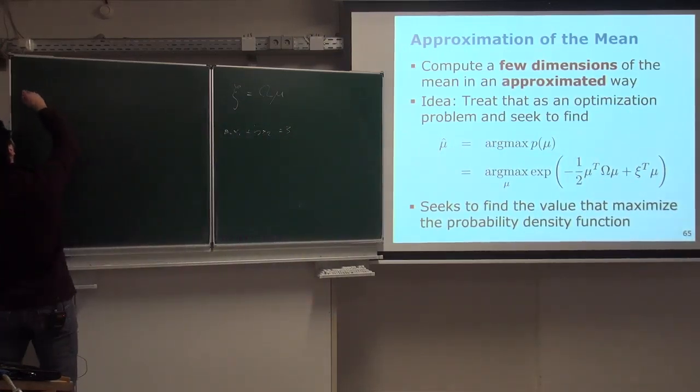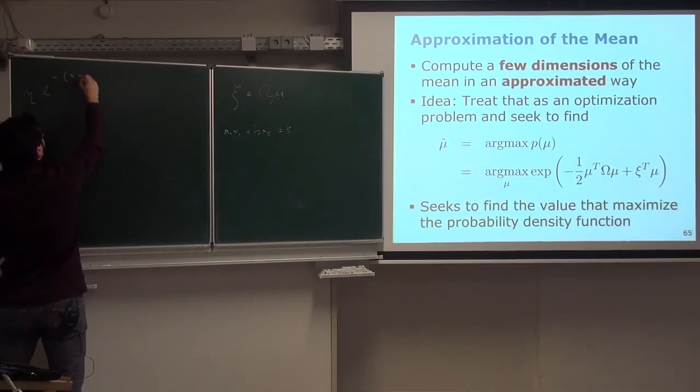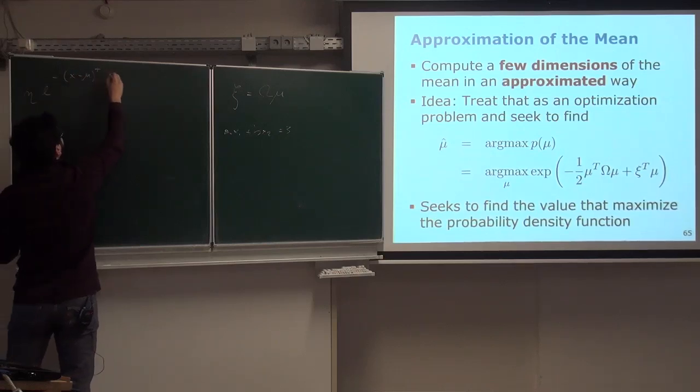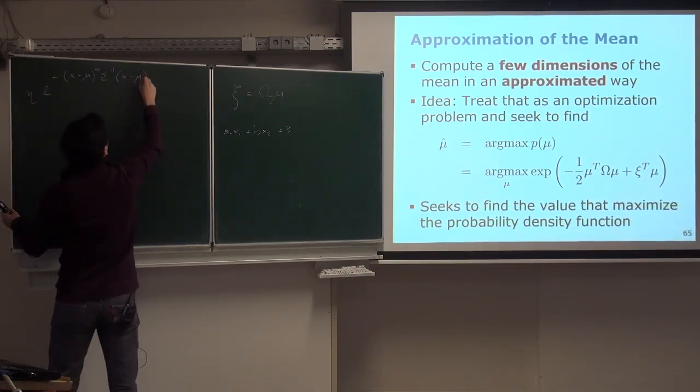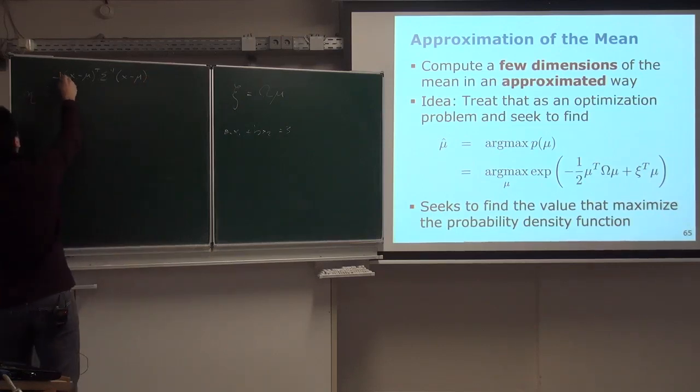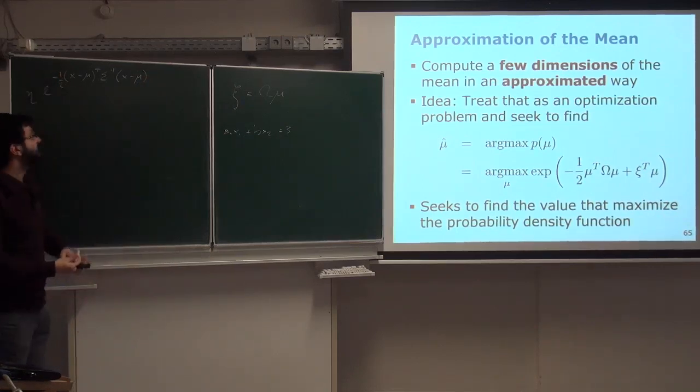We have some normalization factor, exponential of minus 1 half, x minus mu transpose sigma minus 1 x minus mu. Okay? So that's the normal Gaussian representation that we remember.